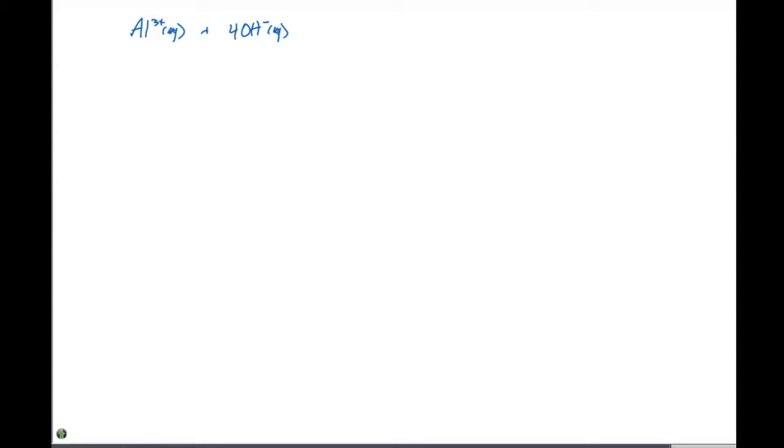So we have Al3+ plus 4 OH- in equilibrium with Al(OH)4-, and this has a Kf value equal to 7.7 times 10 to the 33rd power. That's huge, right? 7.7 times 10 to the 33rd.